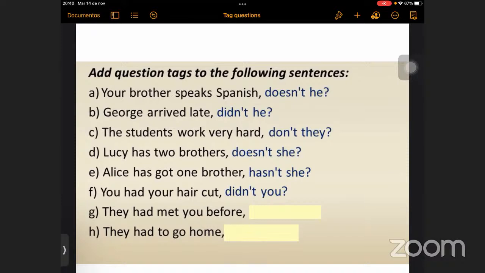Okay. They have met you before. What is the grammar tense? Come on, guys.